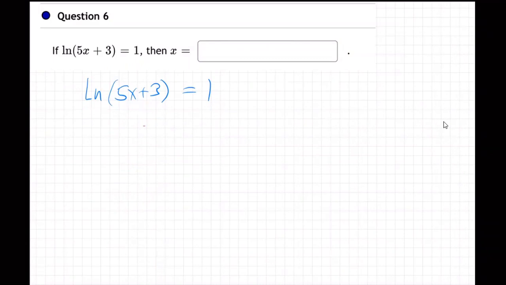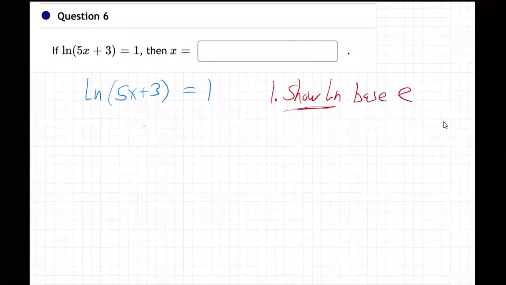So what do we do to get x alone then? Well, show the ln base of e. Remember, every log has a base. Let's show it. There it is. So step one, you've got to see the base. Natural log is base e. What if this was the regular log of 5x plus 3 equals 1?